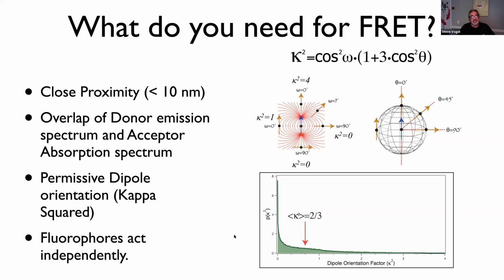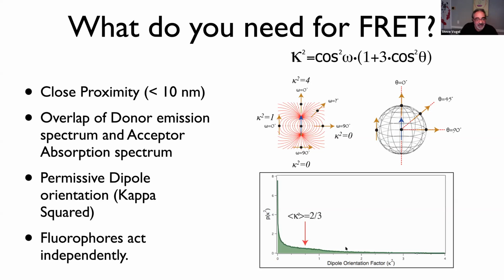Right? And this is not a Gaussian distribution. It's not even close to a Gaussian distribution. This is a really strange shaped distribution. But it turns out that the average value of this distribution is 2/3. And that's a very famous number in the FRET community, because in 99% of the papers you read on FRET, there'll be some sentence that goes, assuming kappa squared is 2/3, the distance is blah, blah, blah, right?